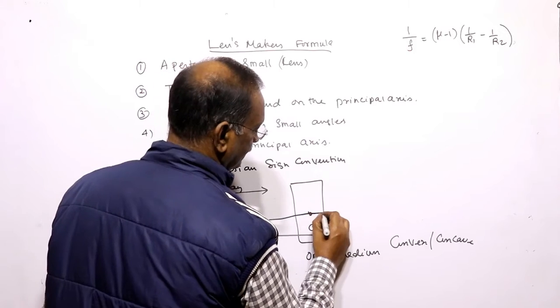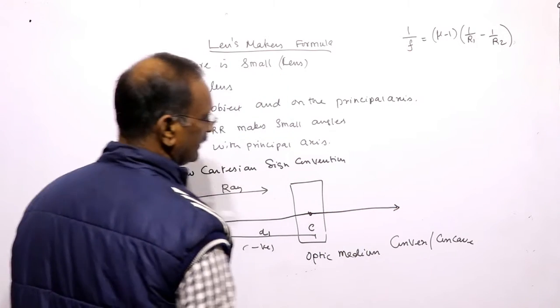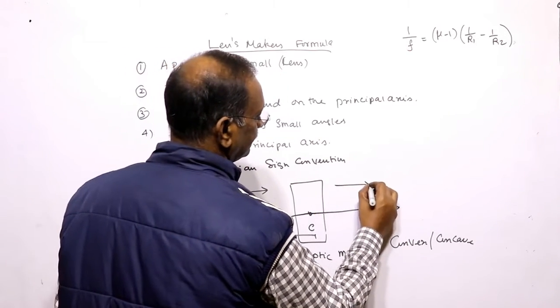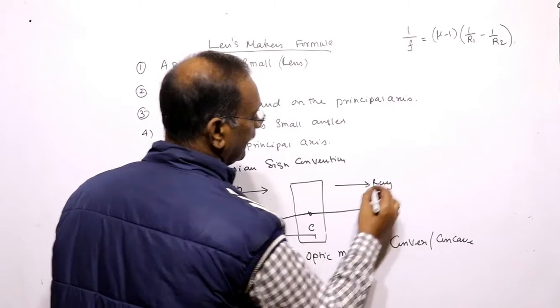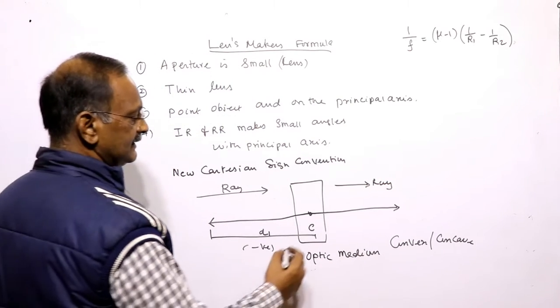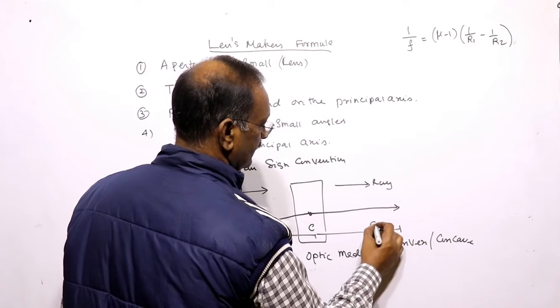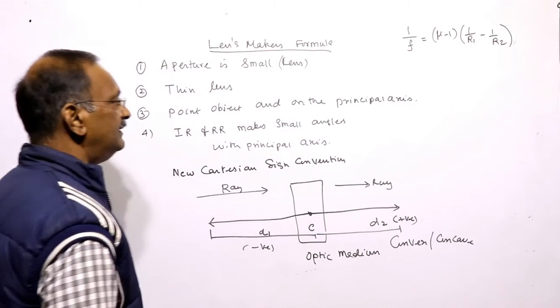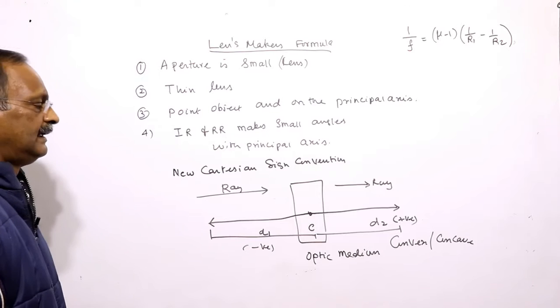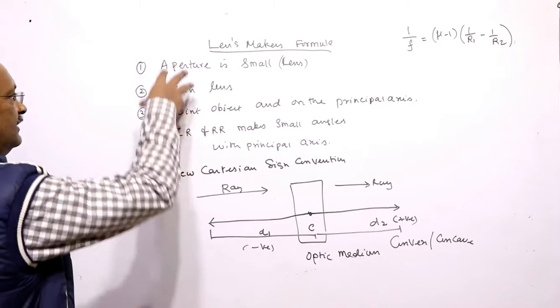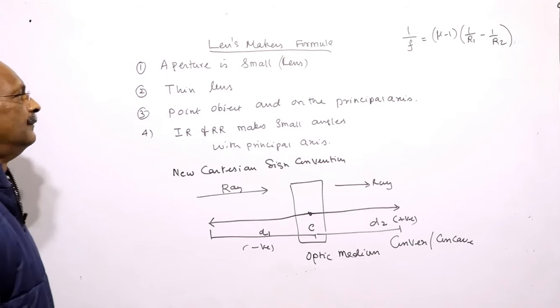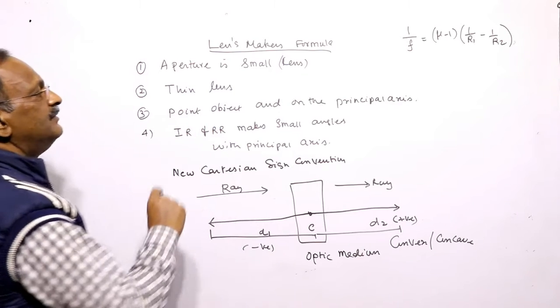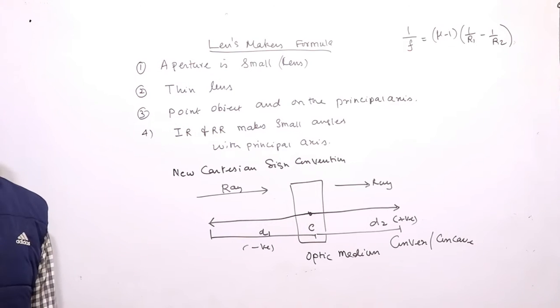If you are measuring along the ray direction, this distance d2 is considered positive. So with this convention, we derive the lens maker's formula. These are the assumptions we make for deriving it.